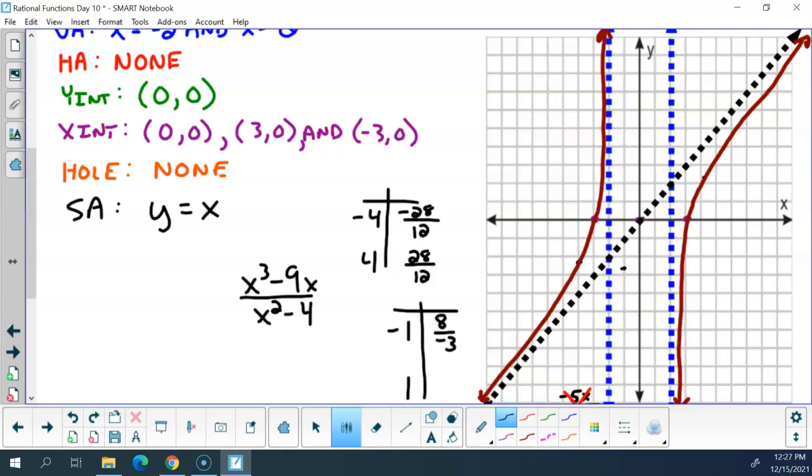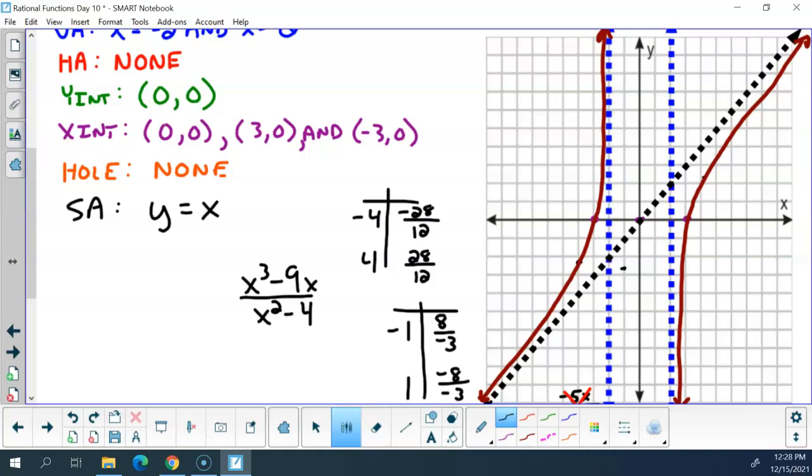Positive 1 cubed is 1. Positive 1 times 9 is 9. 1 minus 9 is negative 8. Positive 1 squared is 1, minus 4 is negative 3.